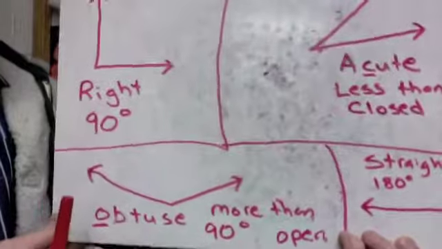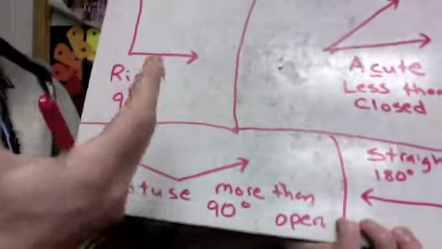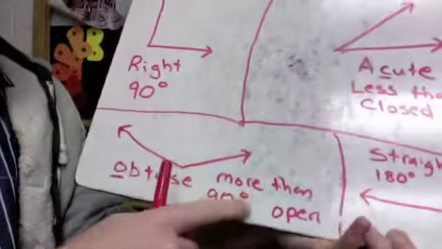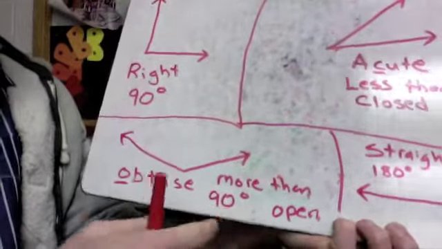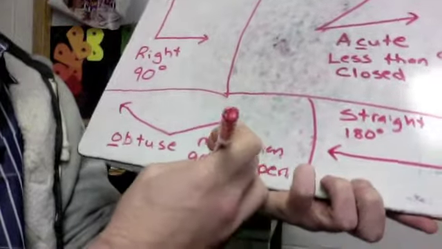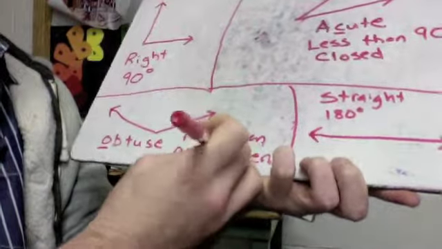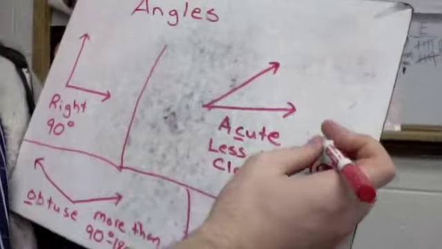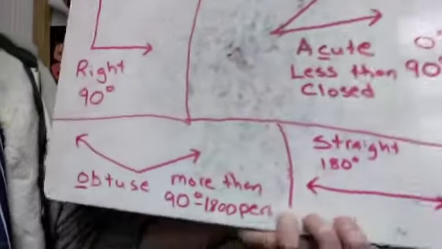If it's bigger than a right angle, or more wide open than a right angle, that is more than 90 degrees. So it's going to be from 90 degrees to 180 degrees, where the acute was from 0 degrees to 90 degrees.